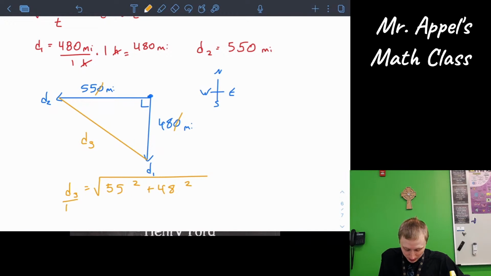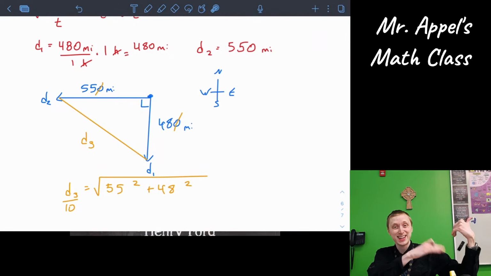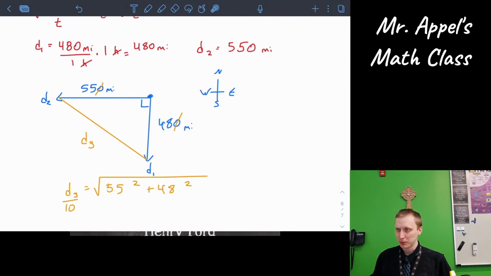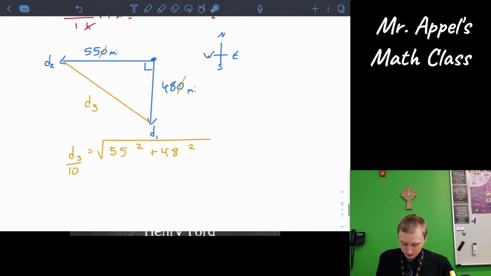D3 divided by 10 is the square root of 55 squared plus 48 squared. Okay, so whatever we get over here, we have to then multiply it by 10 again to get scaled back up to our full size distance between the airplanes. Okay. So D3 is 10 times that square root.